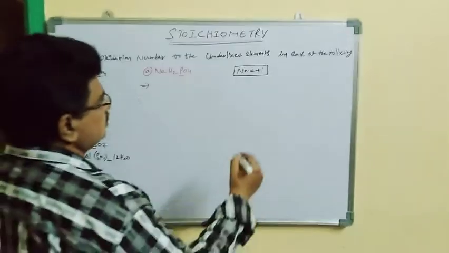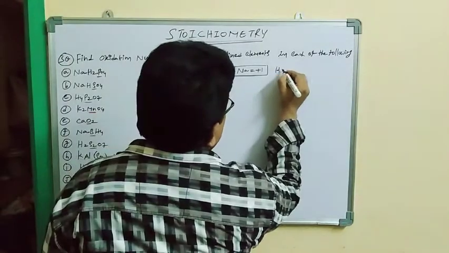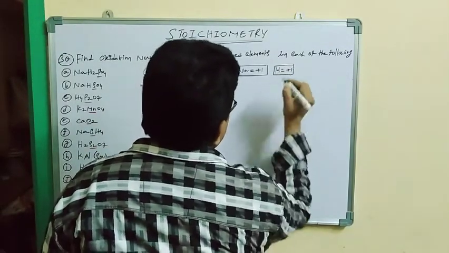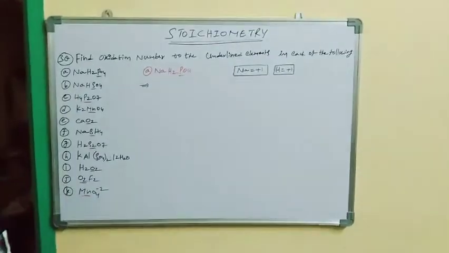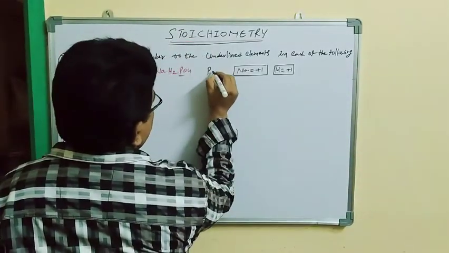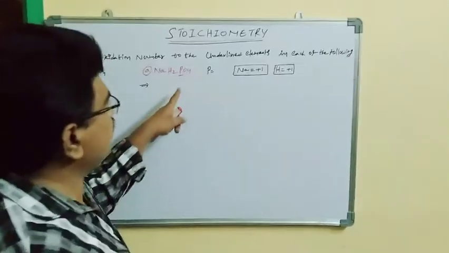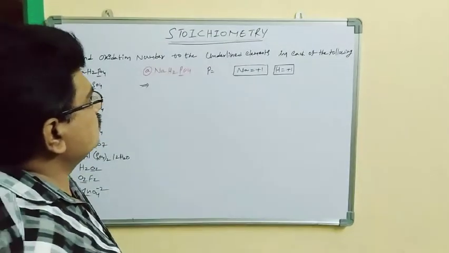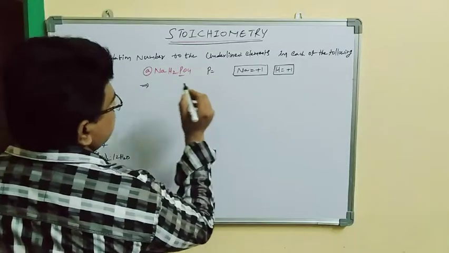Hydrogen charge is +1. Hydrogen also belongs to the 1A group elements, the alkali metals, so the charge is +1. We are calculating the oxidation number of phosphorus.